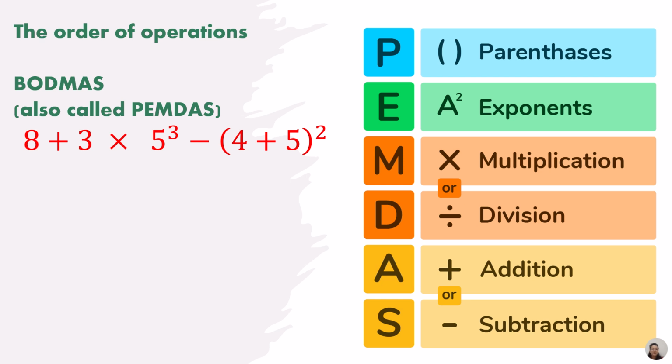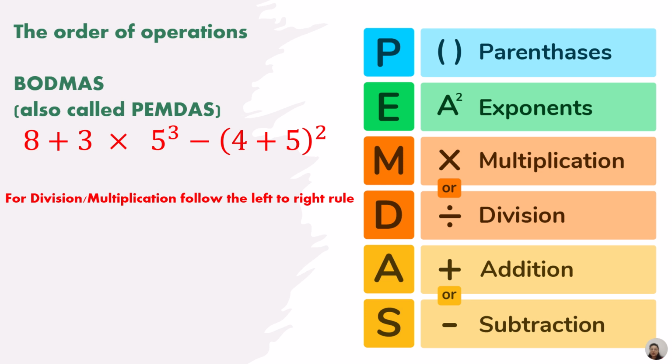But now let's look at multiplication and division. You can see there's a sign here that says or. Now, if you only have two operations in an equation, let's say there were no brackets, no parentheses, no exponents, you only had multiplication and division, and let's say, for example, division came first before multiplication, then it's okay.